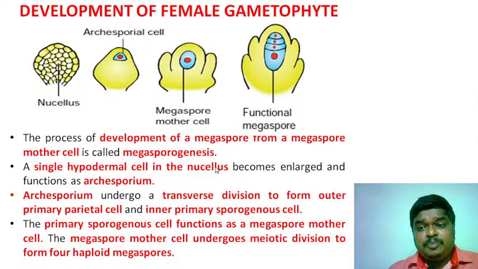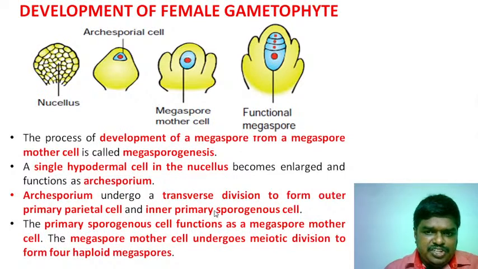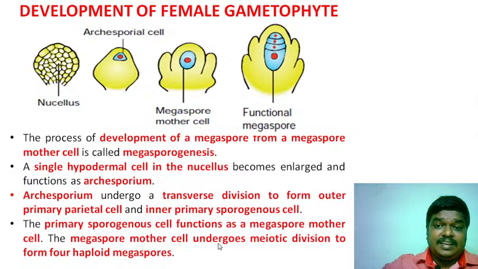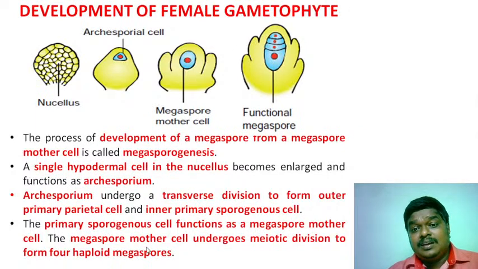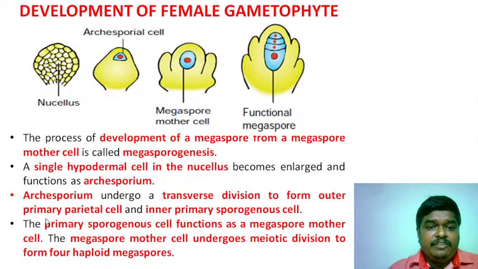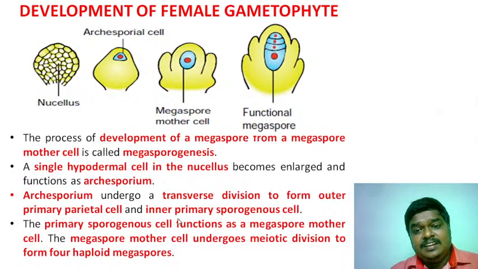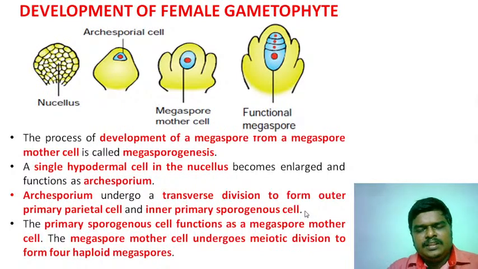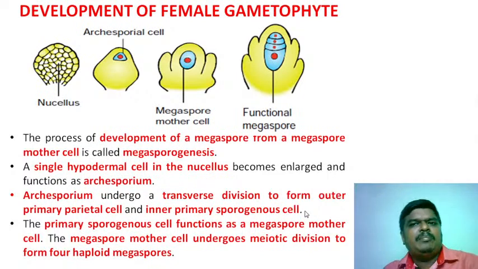So this archesporium undergoes divisions. We know about the parietal divisions, and like that, it undergoes divisions and forms the primary parietal cell and primary sporogenous cells. The same development as the male gametophyte.